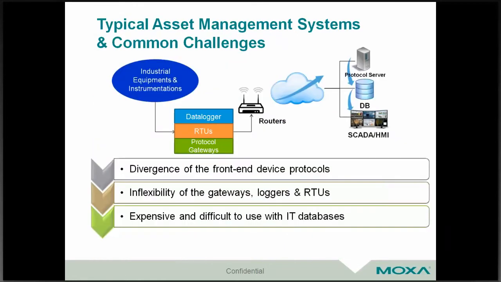So what happened now is we start to see people migrating to use the internet, the ready-to-run infrastructure out there. You will see the diagrams start to get simpler. People are using 4G LTE routers or 3G routers, connecting them to local data loggers, RTUs, or even protocol gateways.